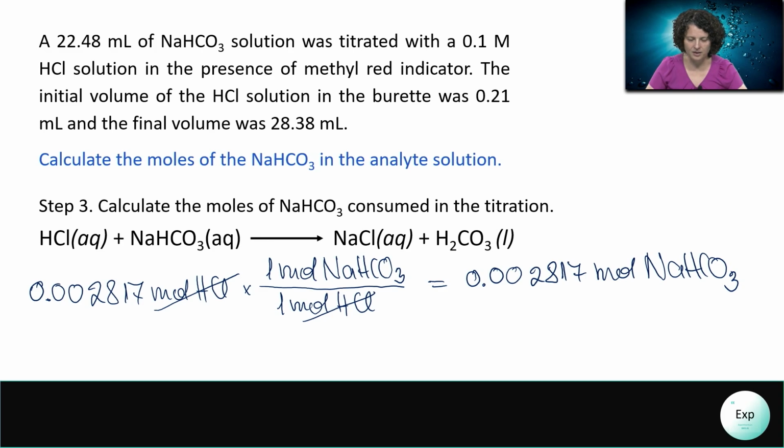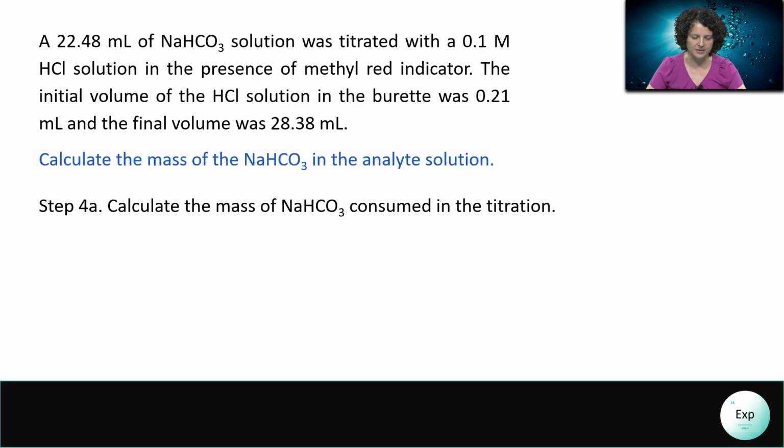Once we have the moles of sodium bicarbonate, we can determine both the concentration of the sodium bicarbonate solution and the mass of the sodium bicarbonate that was inside. So let's start with determining the mass.